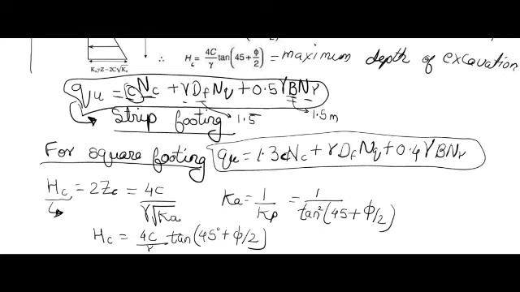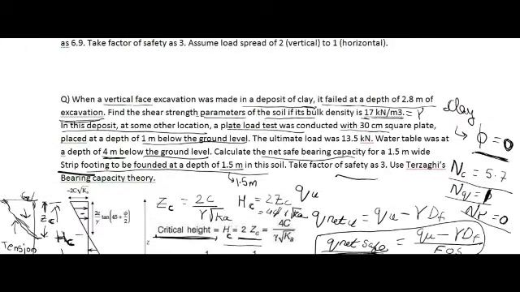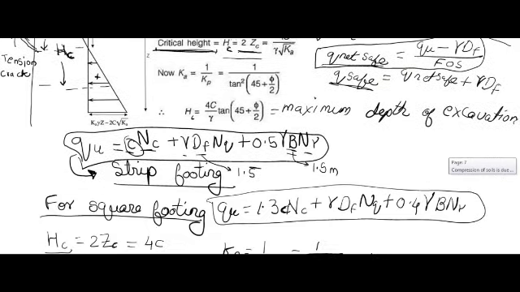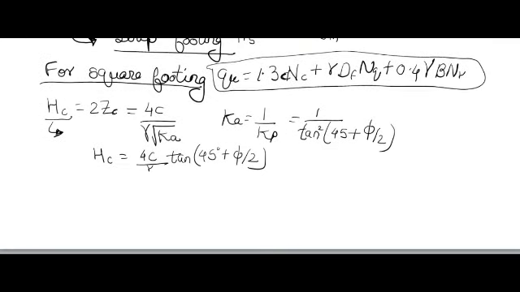So in the problem, it is given in the second statement that it fails at a depth of 2.8 meter. So this 2.8 meter is nothing but Hc, and from this formula we can calculate the cohesion value. In this case phi is 0, hence we can find the cohesion.